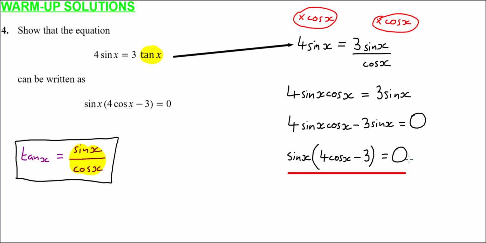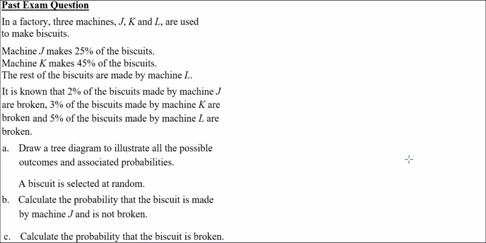Let's now have a look at some questions on tree diagrams, which is going to be the focus of today. So straight into it, let's have a look at a past exam question. So I'm assuming some prior knowledge here from GCSE. So in a factory, we have 3 machines, J, K and L, and these are used to make biscuits.